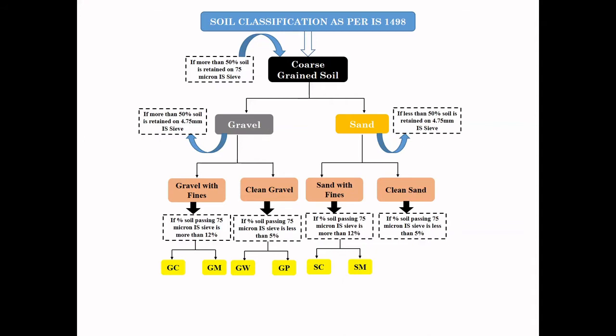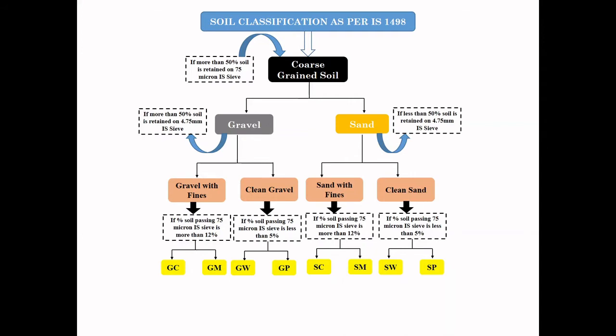And if the soil is identified as clean sand, it can be further subdivided as well graded sand or poorly graded sand, where S stands for sand, W for well graded, and P for poorly graded.